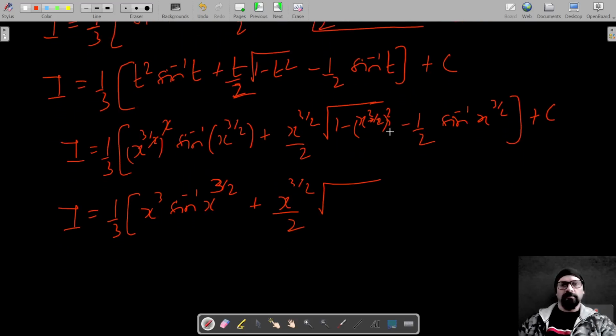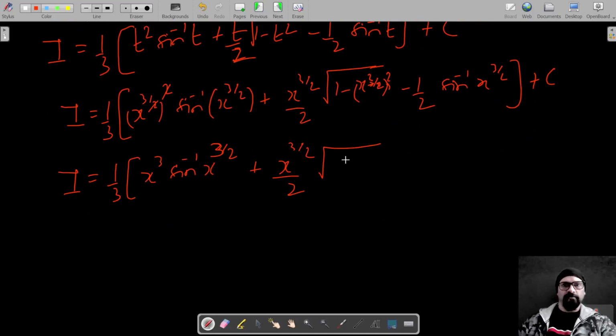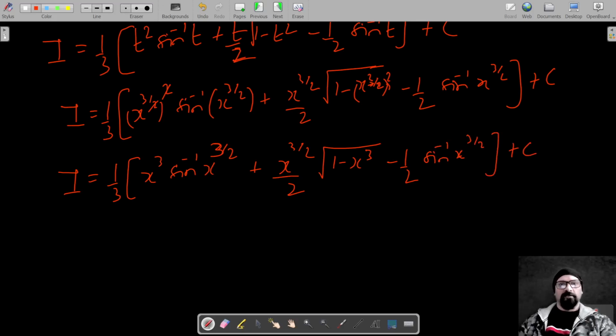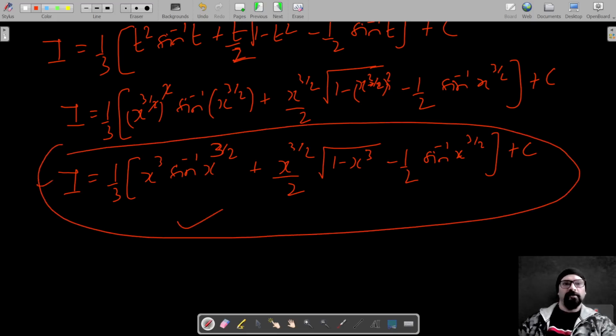This is x raised power 3 by 2 square, which gives me x cubed, minus half into sine inverse x raised power 3 by 2 plus c. This is our final answer, minus half sine inverse x raised power 3 by 2 plus c. So this is the integration.